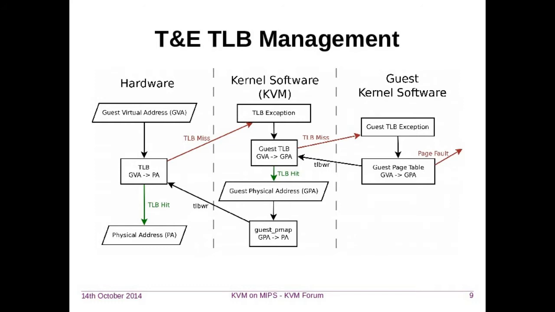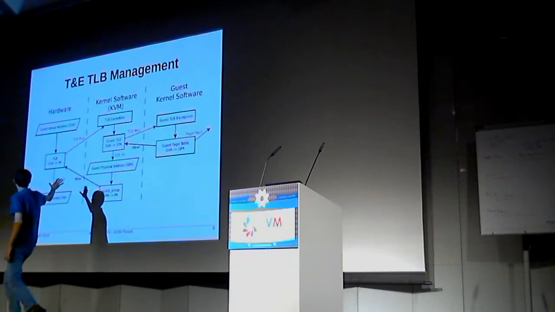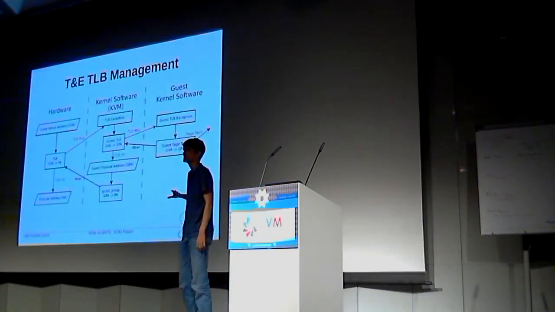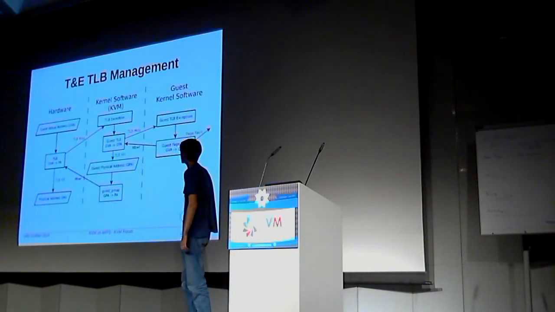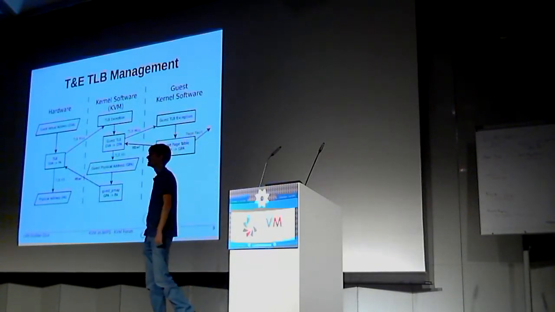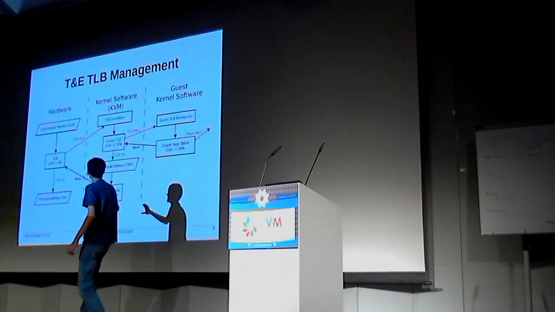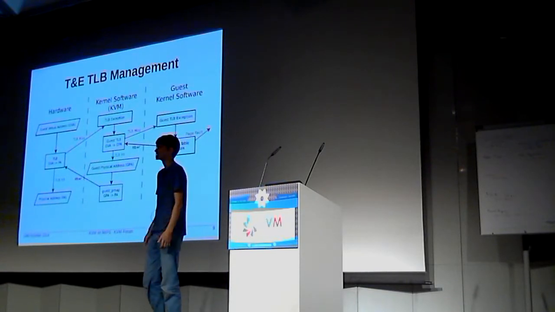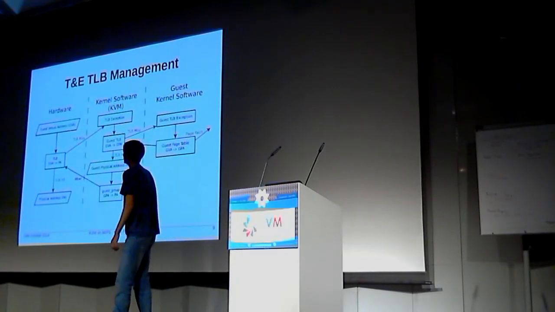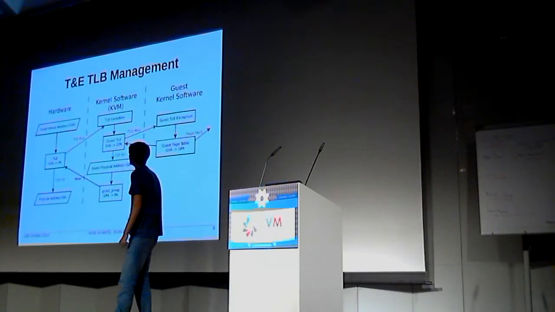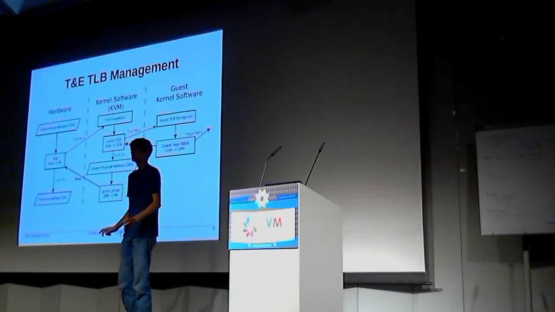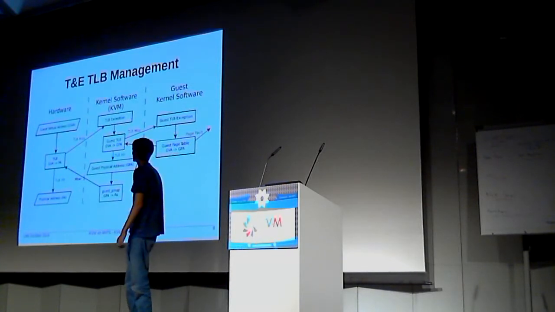So with Trap and Emulate, you've got exactly the same hardware because we want compatibility. So the bit on the left is the same hardware. But the guest also wants to see the same interface, so it expects to write to the same sort of hardware. And so KVM in the middle has to basically do the munging itself. So when the guest does a memory access which isn't in the TLB, it will look through a completely software version of the guest's TLB in order to look for a mapping.